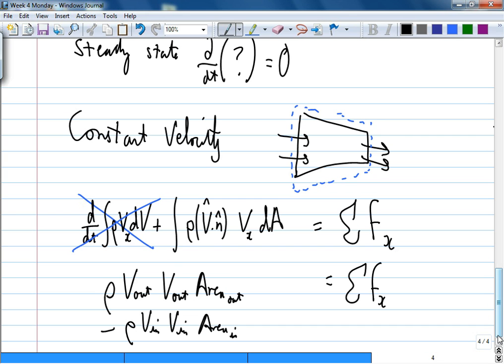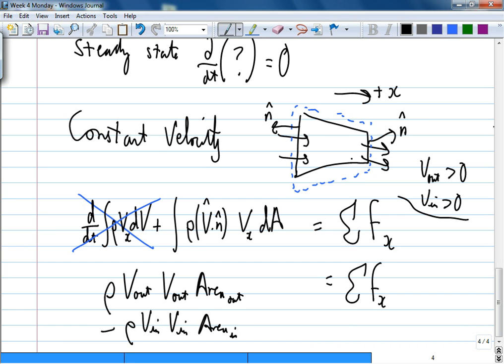So where the V dot n, the normal vector is this way. Both velocities are positive in this case. This is the x direction, positive x direction. So V out is larger than 0, and V in is larger than 0.